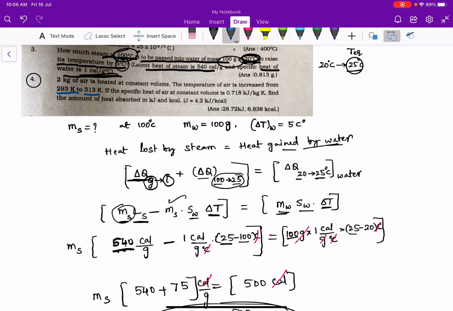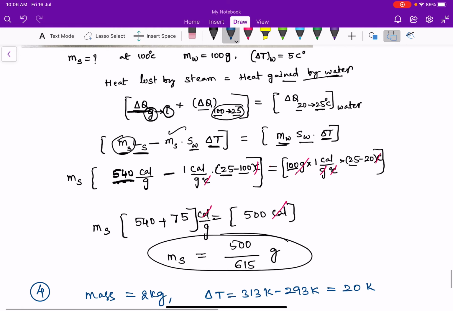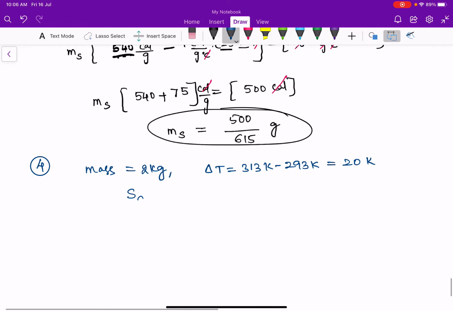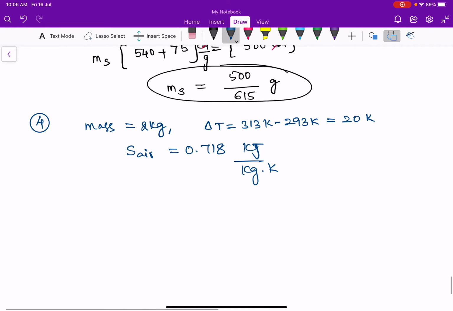Next, the specific heat of air at constant volume is 0.718 kilojoules per kg per Kelvin. He asked to find the amount of heat absorbed in kilojoules as well as in kilocalories.